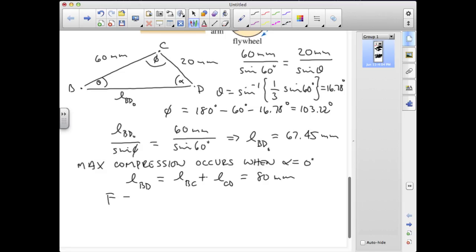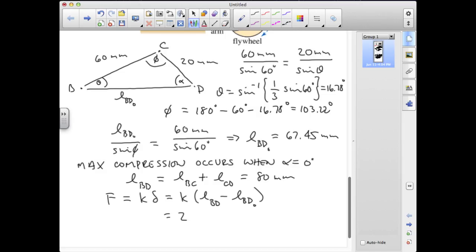My spring force is going to be equal to K times the maximum compression, and even though I don't have the stretched and unstretched length of the springs, this delta is going to be the same as the difference between this largest length of BD and the reference length that I calculated just a moment ago.